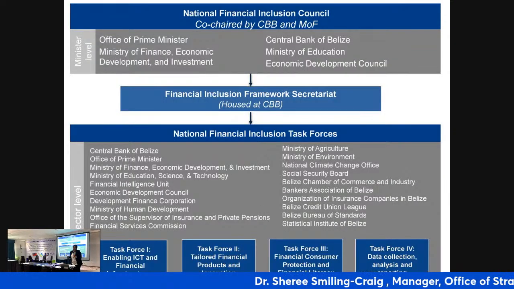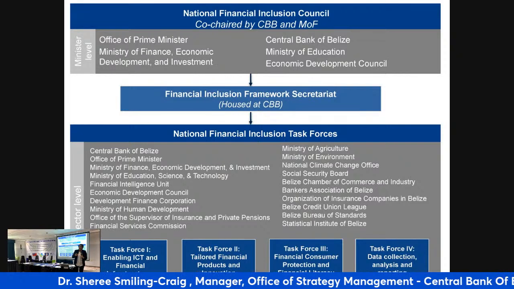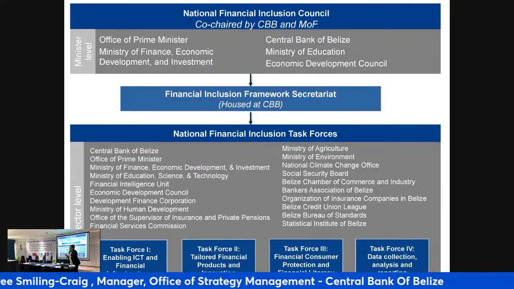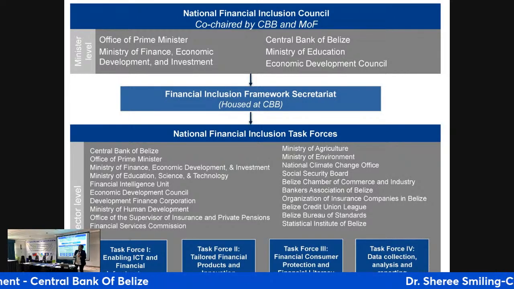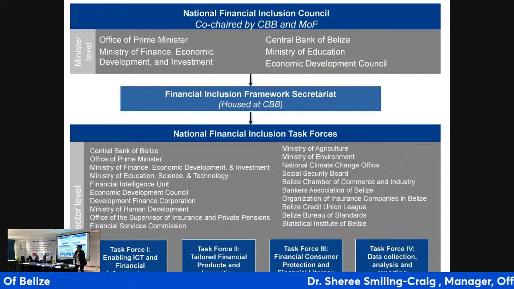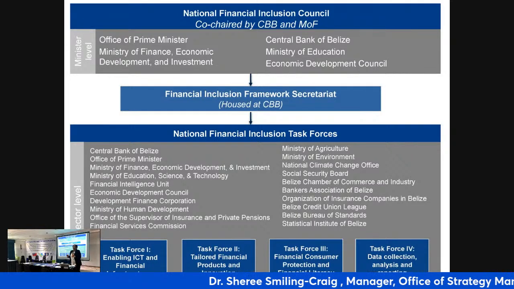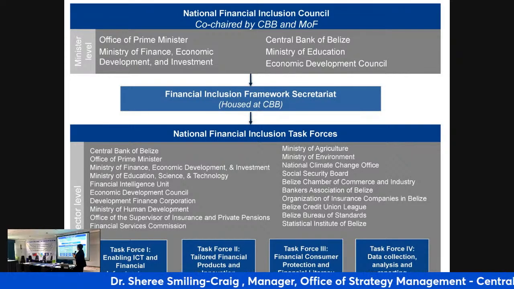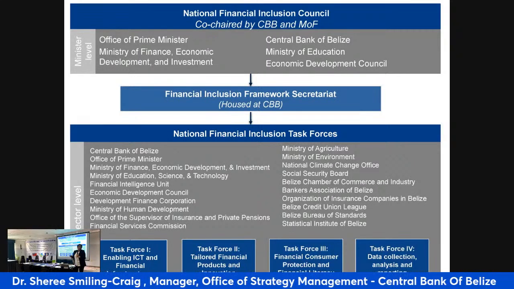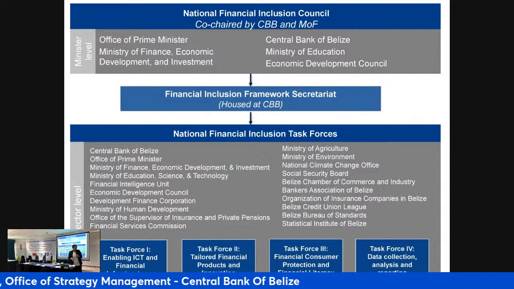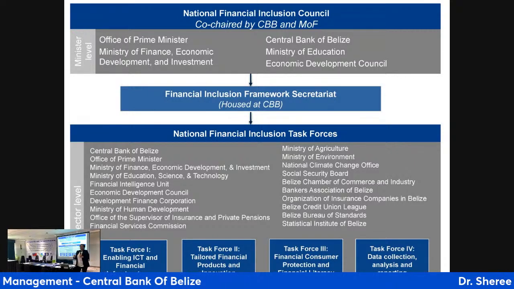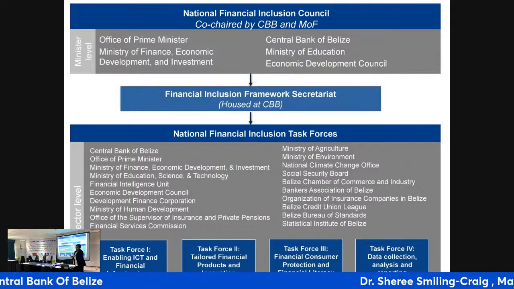That's good. Okay, great. So I heard someone say when we walked in earlier that we have all these beautiful policies and they're not implemented. We take your point. So we developed into our strategy a monitoring and evaluation mechanism. So at the top, our policymakers are from the public sector, which is the norm in all jurisdictions. And right now, the governor of the central bank is acting in the role of chairing financial inclusion.